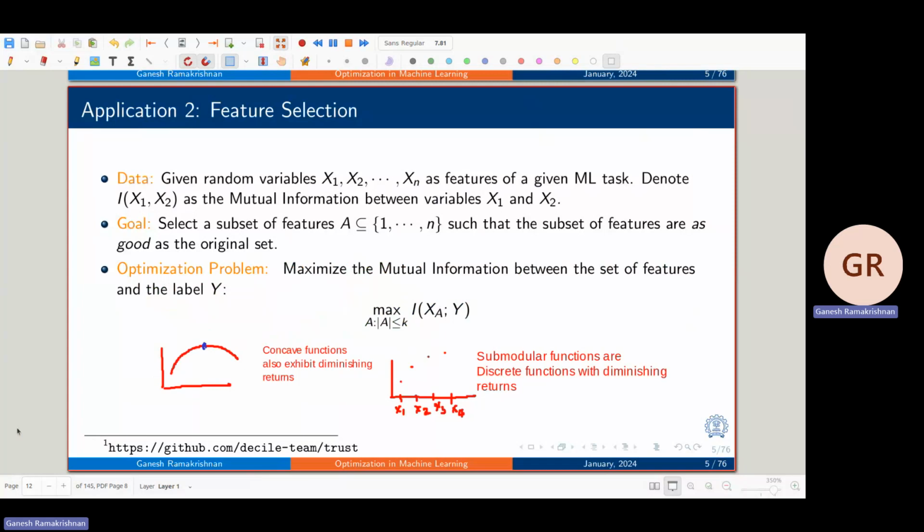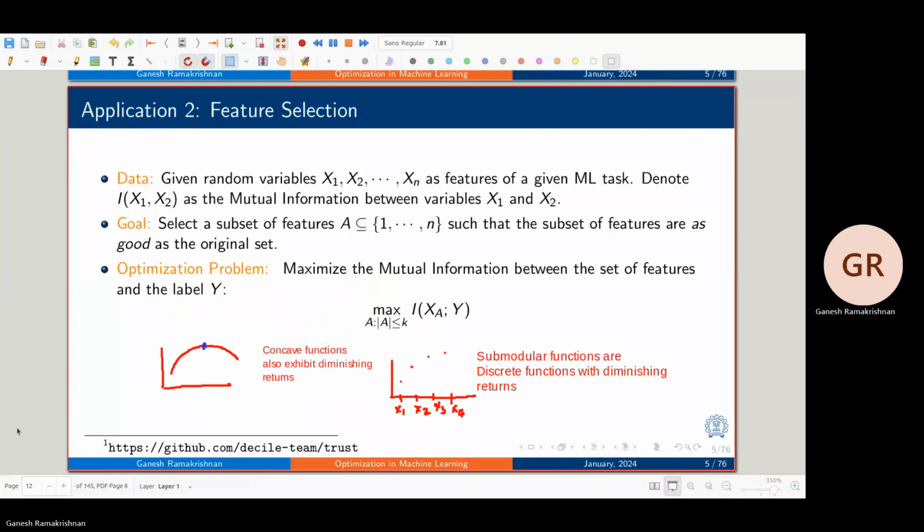Okay, coming back. So it turns out that under this naive-Bayes assumption, I, mutual information, has a nice property, which is submodularity.